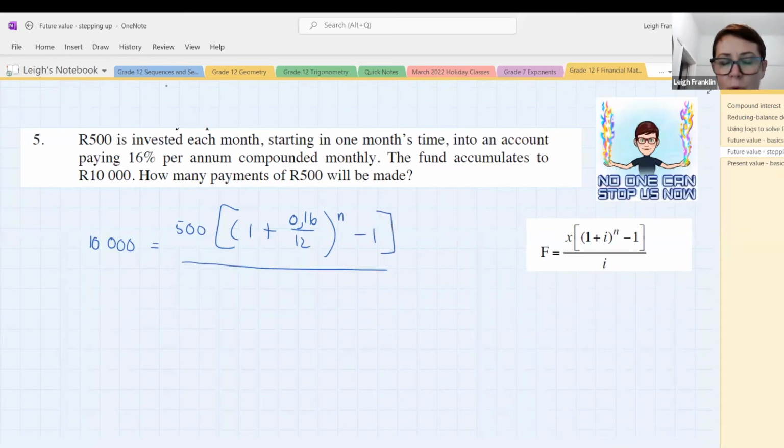And that's got to be all over 0.16 divided by 12. So what we would end up doing here, Matrix, is cross-multiplying and then dividing by 500.